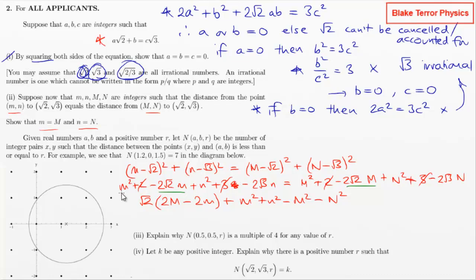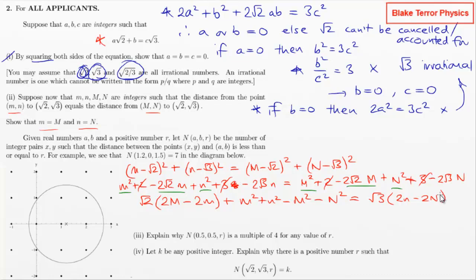So that's dealt with those four terms. And then we've got the root 3 bits. So we're going to have a root 3 multiplied by 2 lowercase n minus 2 uppercase N. Right, so we've got that.